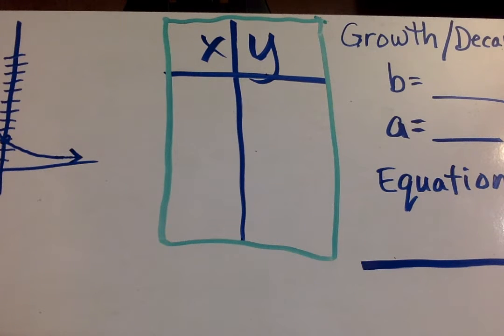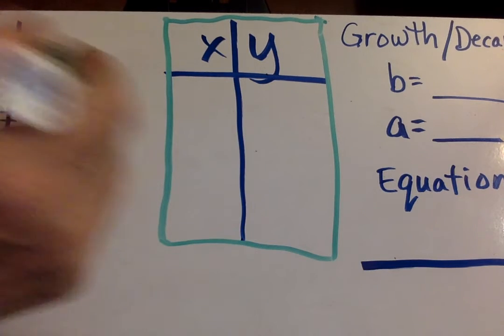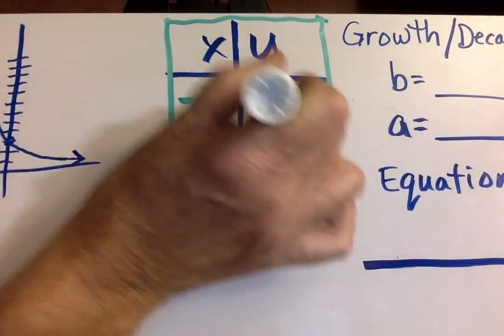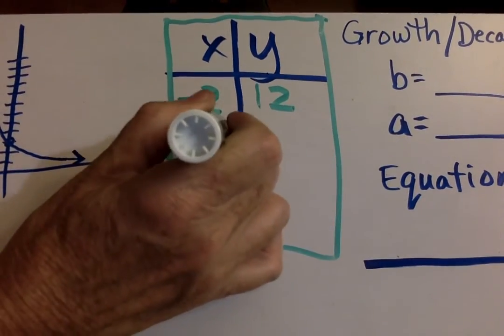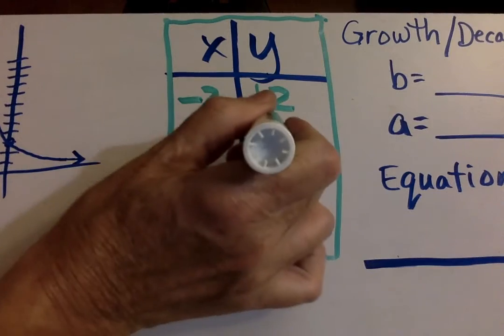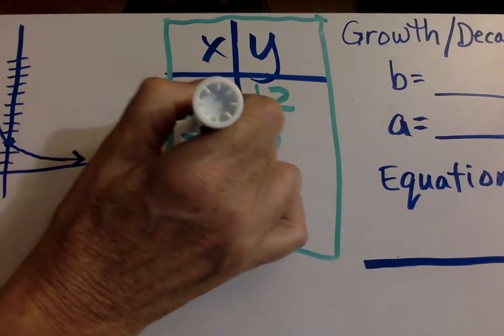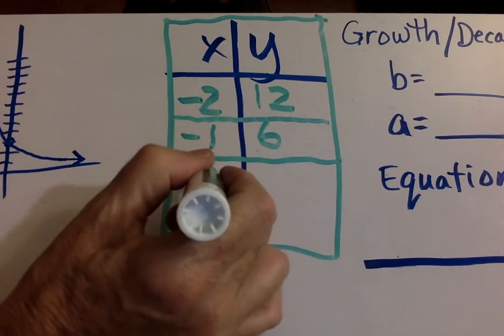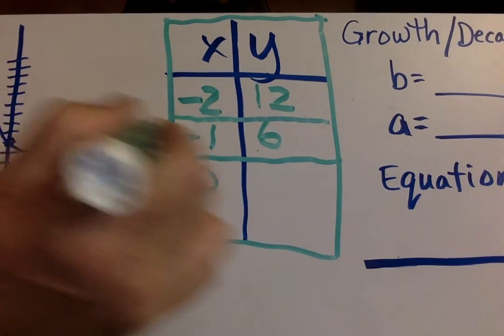So for our values of x, we go -2, -1, 0, 1, 2, 3. It goes all the way up to 12. So -2, 12. Then we go -1, 6.